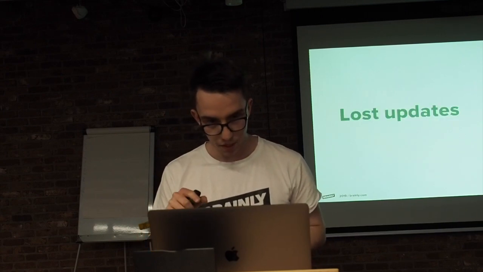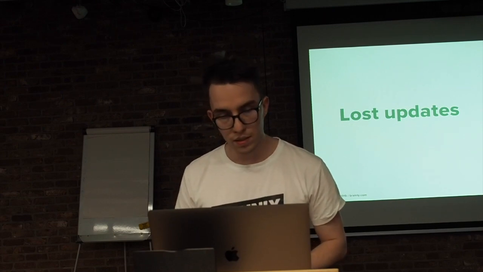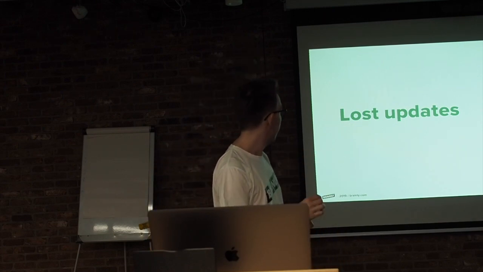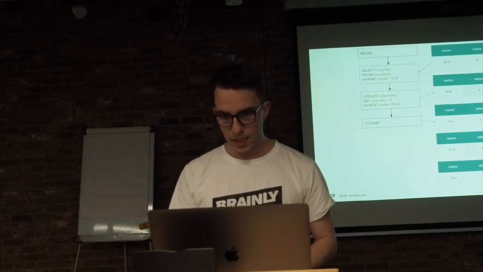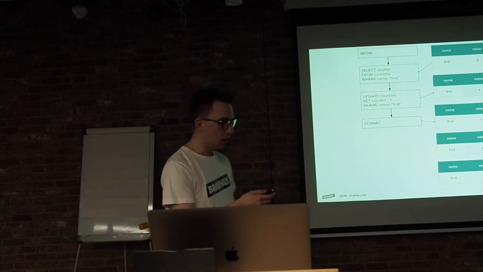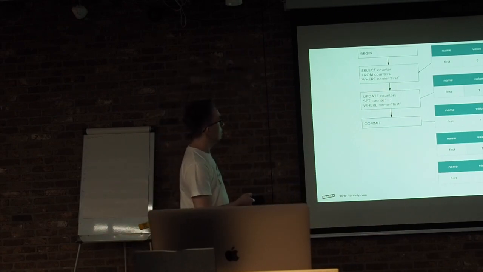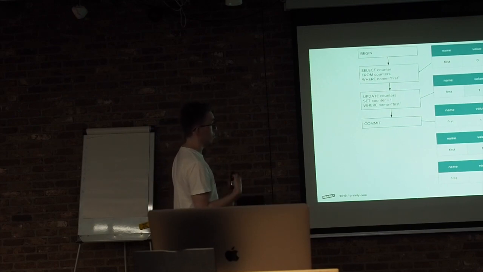No? Okay, so the last anomaly I want to tell you about is lost updates. What does it mean? Let's say that we have again the counter called first, like in the same examples before, and we have again two concurrent parallel transactions.